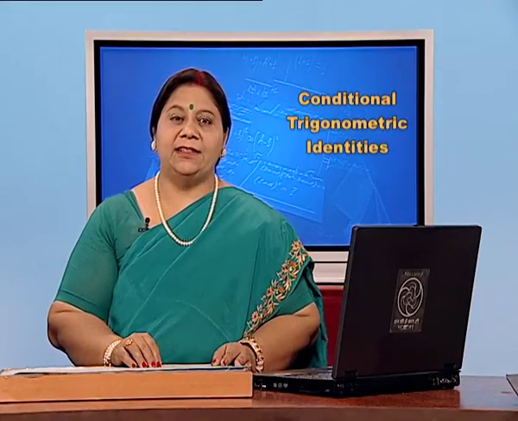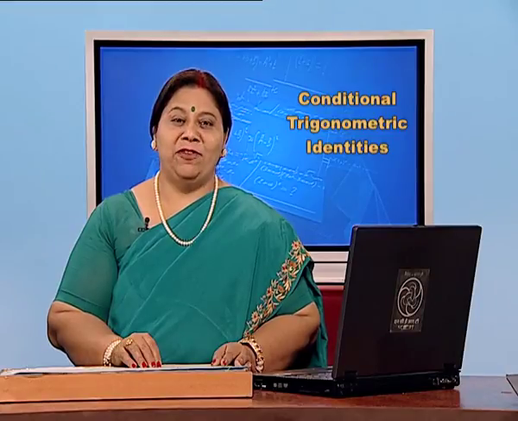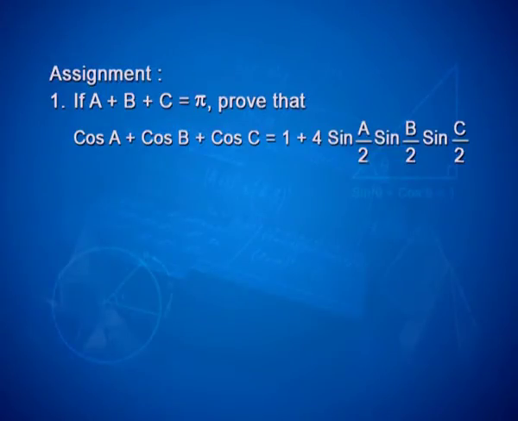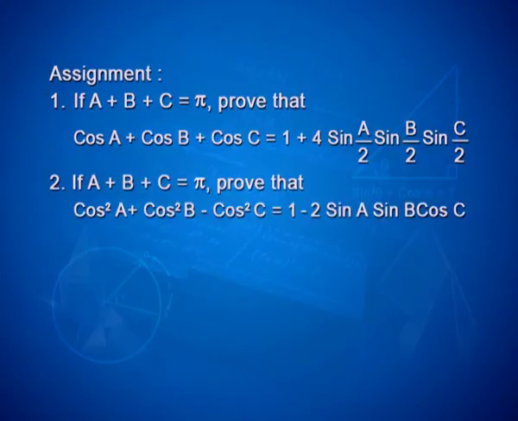Now students, there is an assignment for you. Question number 1. If a plus b plus c is equal to pi, prove that cos a plus cos b plus cos c is equal to 1 plus 4 into sin a upon 2 into sin b upon 2 into sin c upon 2. Question number 2.